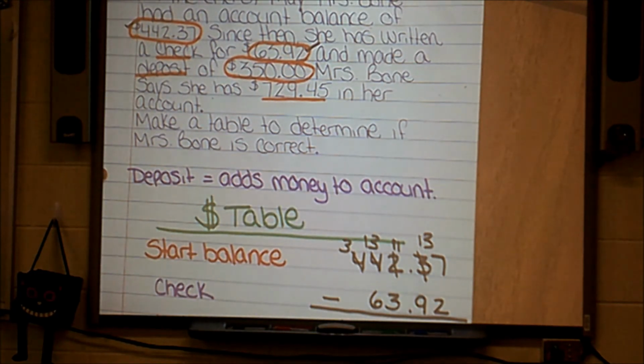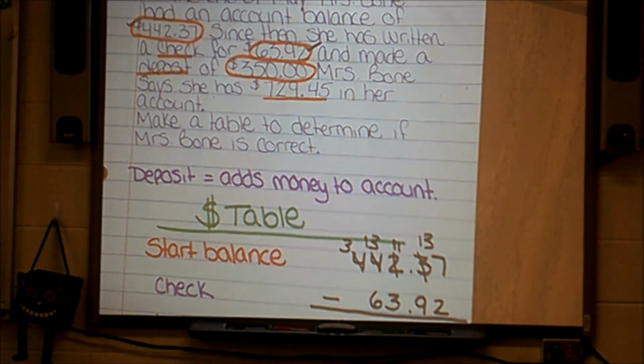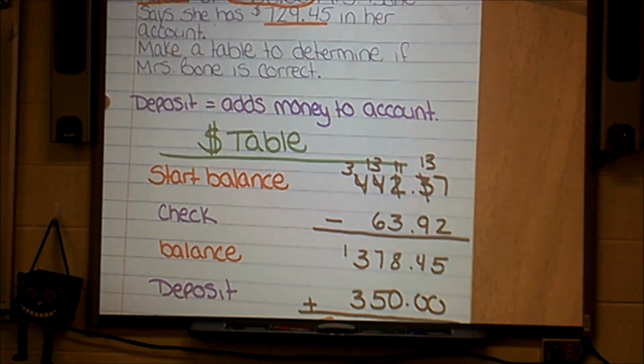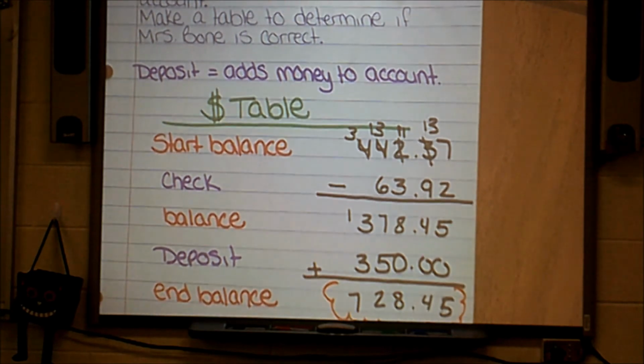Make a table to determine if she is correct. Was Mrs. Bone correct in her ending balance? According to my calculations, she was not correct.